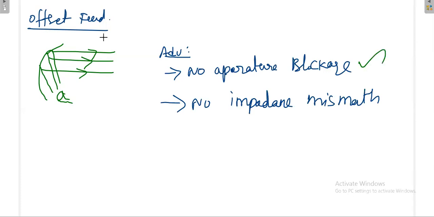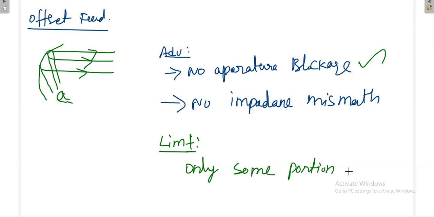That is no aperture blockage and no impedance mismatch. Then what is the limitation of this method? Here also only some portion of the primary reflector is illuminated by EM waves.